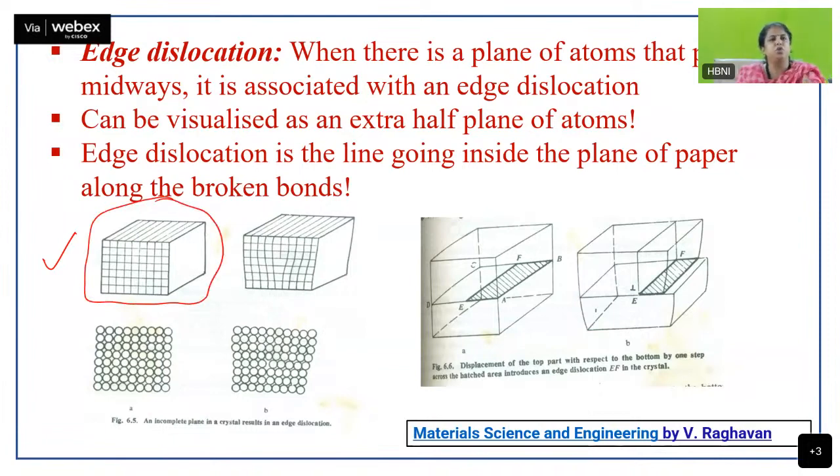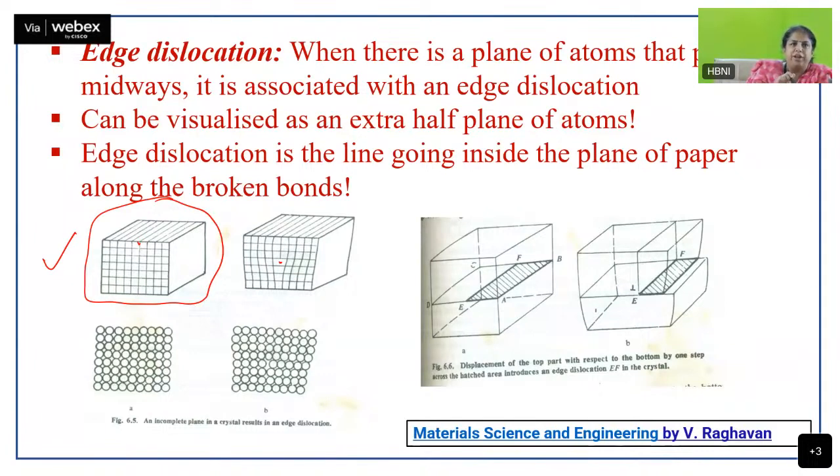You can also assume it as planes of atoms parallel to each other along the c axis. Now, suppose there was this middle plane which started from the top, but it parted ways in the middle. It could not go till the end. And when that happens, then this is called edge dislocation.